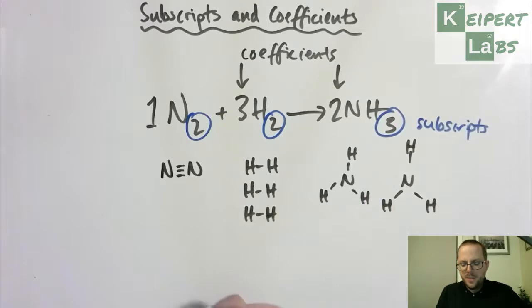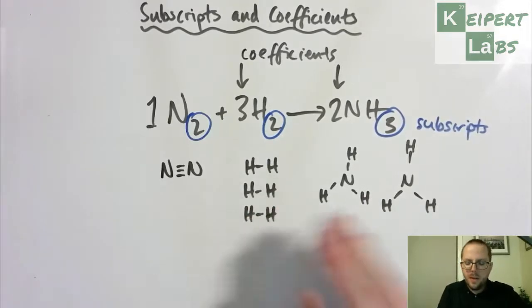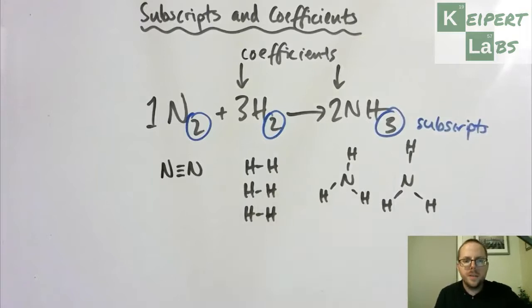Now, the reason that these coefficients are important is that we need to express a particular amount of each of these substances that's present. And the reason for that is pretty simple: the law of conservation of mass tells us that every atom that was there at the start must be present at the end. All matter is accounted for. That was something that Dalton was working with.